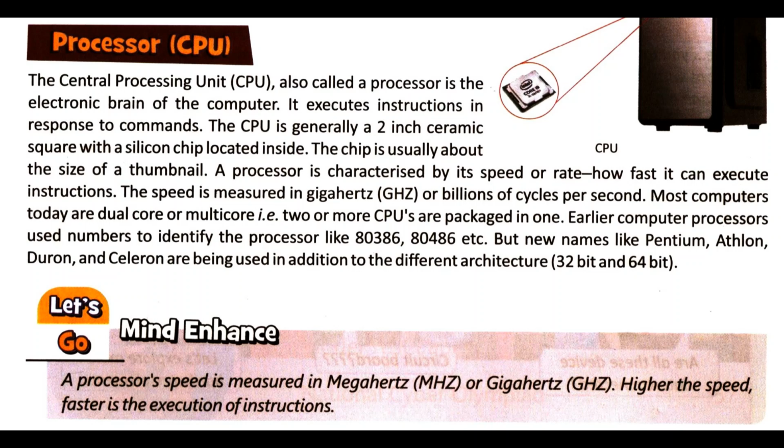The processor is characterized based on its speed and the rate of execution of instructions, which means how fast a CPU can process or execute an instruction. To understand it, consider an example. We all use smartphones.